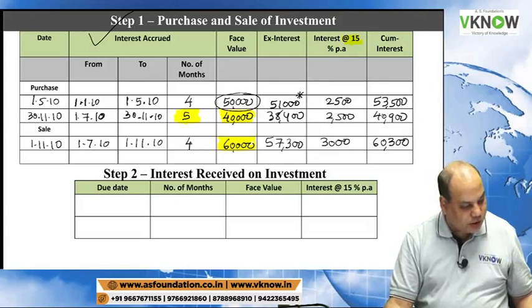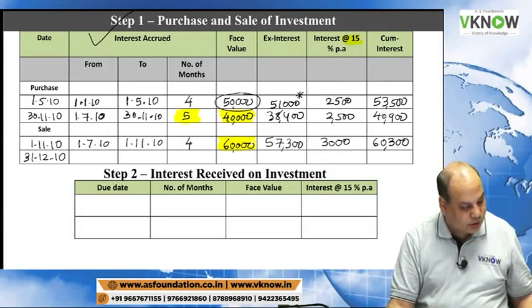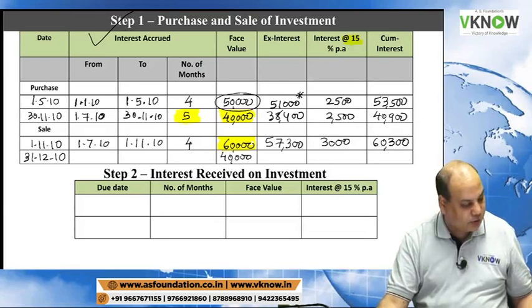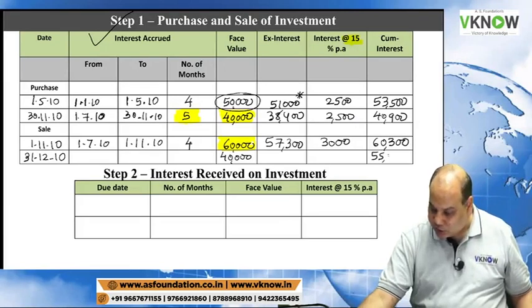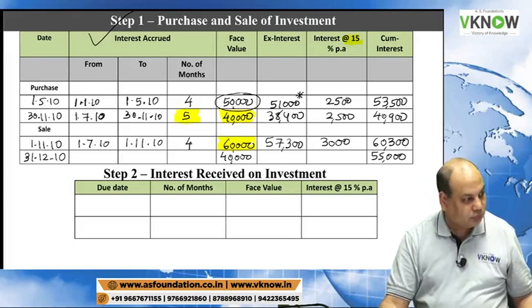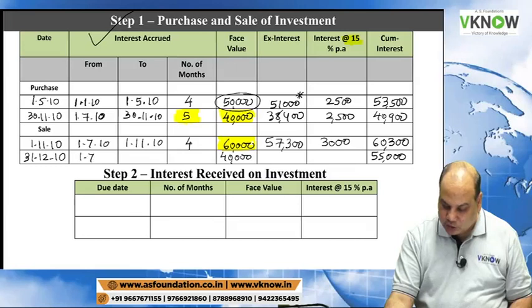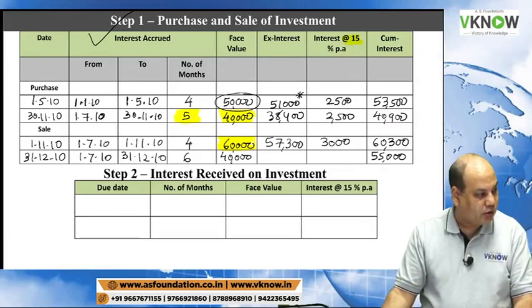And there is one more sale transaction, the last two lines of the question. On 31st December 2010, 400 debentures, 400 means 40,000 face value, are sold cum-interest. Cum-interest means last column 55,000. So, dear student, compute the interest accrued. This time the interest will accrue for 6 months, from 1st July to 31st December.